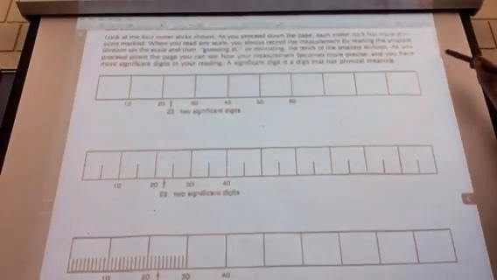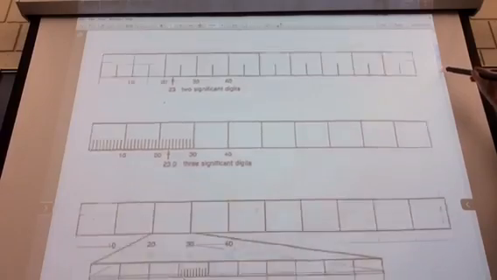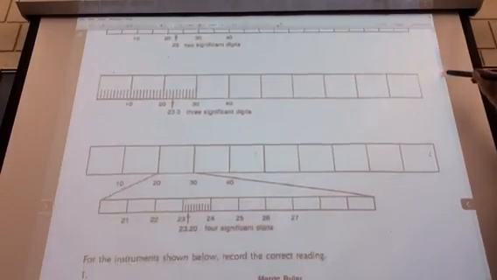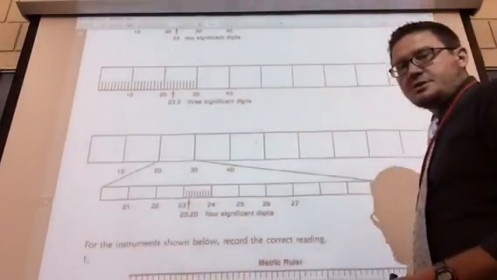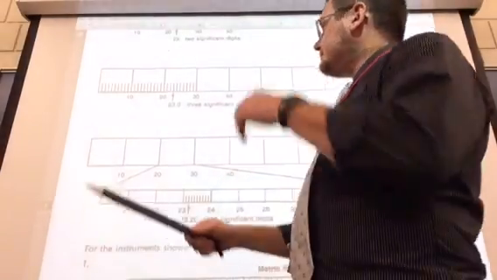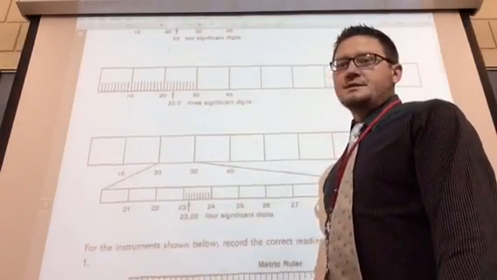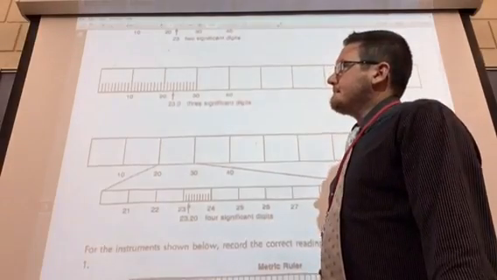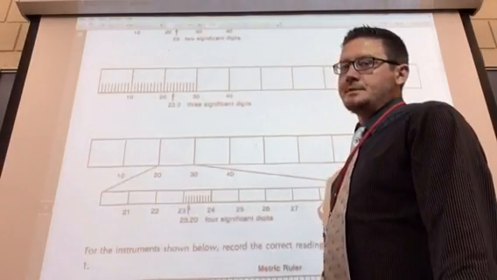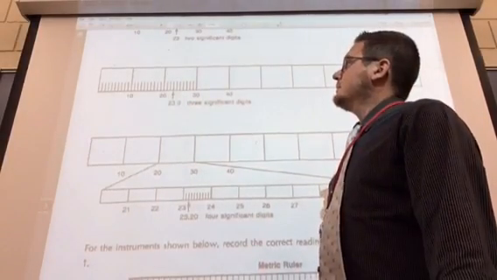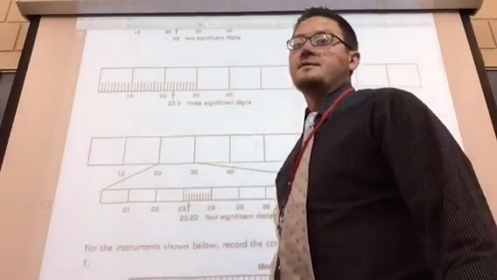So let's scroll up here, to the bottom two rulers on the worksheet that you have. You can see the value right here. What's the value of each one of those little lines? Count them out. Yes, a value of 1.